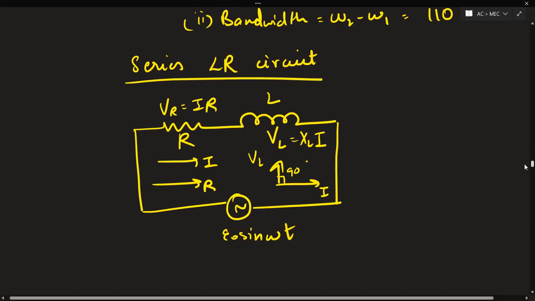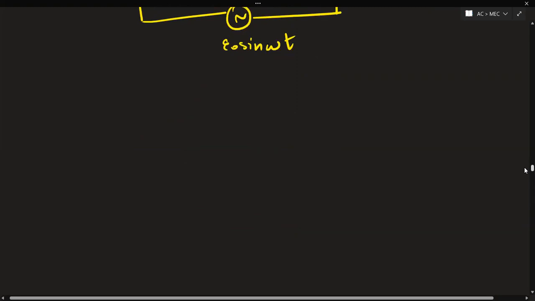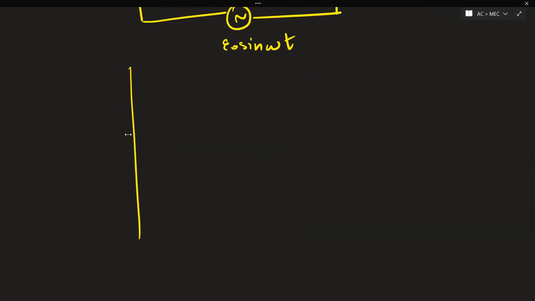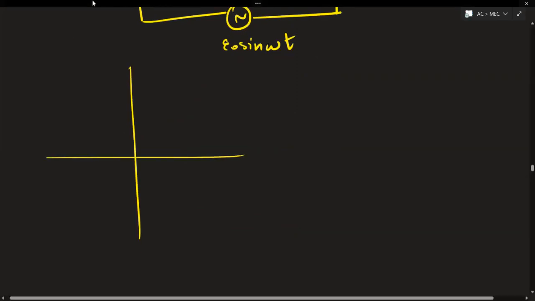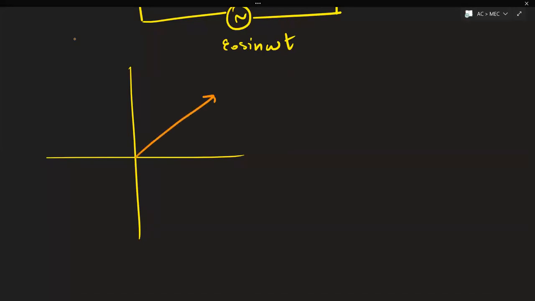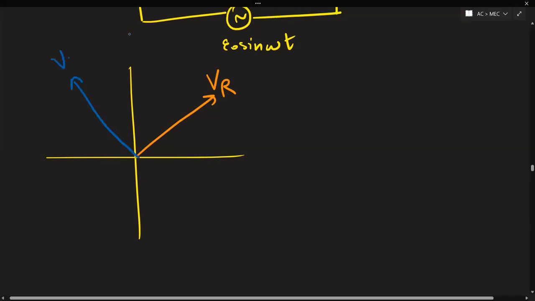Before we do that, let's represent it on a phasor. Let's say this is the value of VR. In case of an inductor, VL leads the current by how much? 90 degrees or pi by 2.